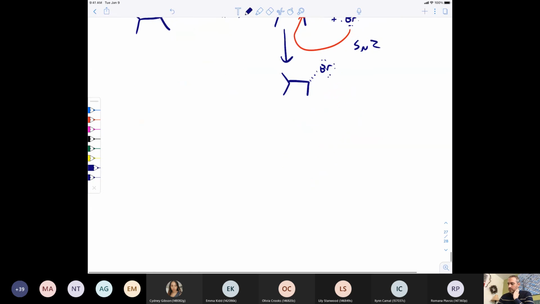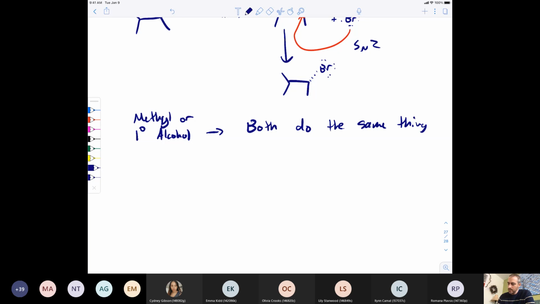Okay, so why might you want to use HBr versus PBr3? If it's a primary alcohol or methyl, both do the same thing. If you have a secondary, HBr can cause rearrangements.